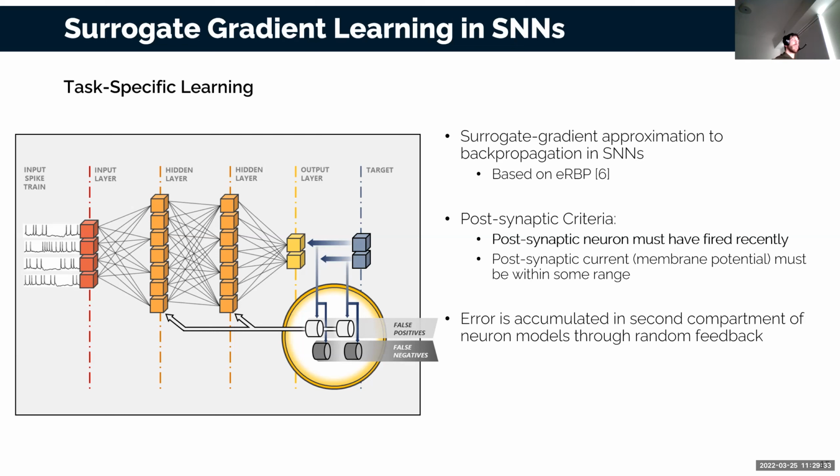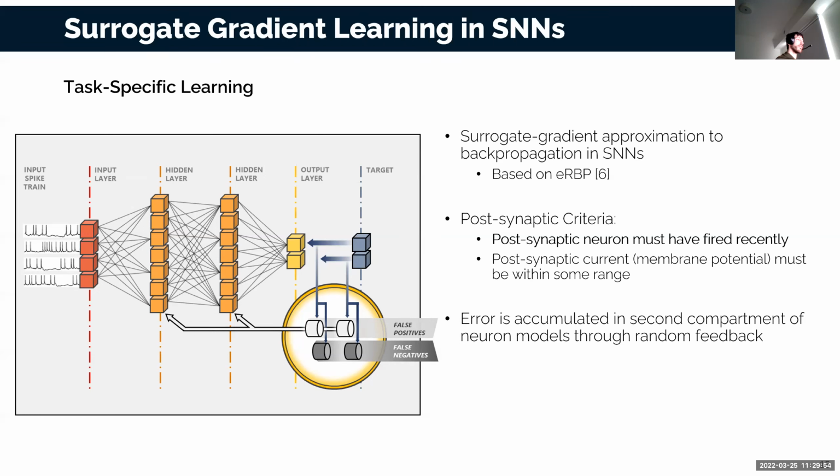So you have the synapse connecting your presynaptic and postsynaptic neuron, and if those two conditions are met, your weight is updated. That's a very Hebbian-like rule. You have some presynaptic condition and some postsynaptic condition, which are typically just whether both neurons have fired at that time step or within a certain window.